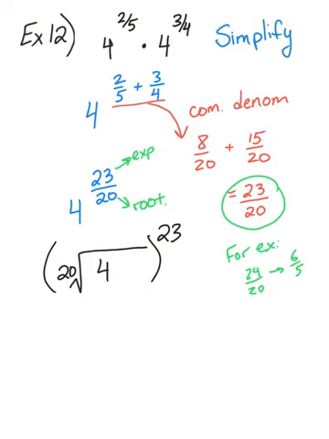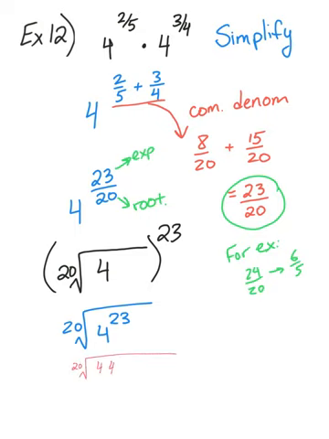But if I wrote it as 4 to the power of 23 and then do the 20th root, this would give me some options. I could say, well, I know that 4 to the power of 23 is really saying that I'm going to have 23 fours.